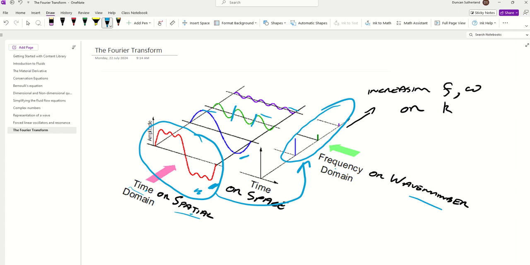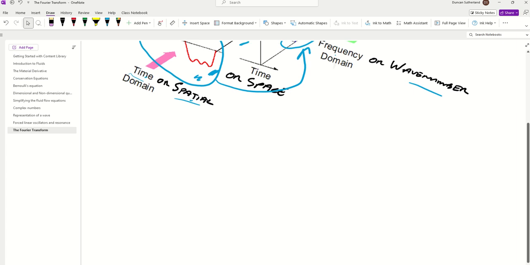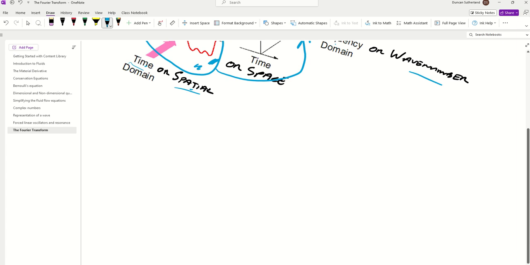Fourier transform doesn't actually care about physical interpretation. It is essentially just an integral. It's a special integral, rather valuable. But this is the definition of the forward Fourier transform as per our textbook.